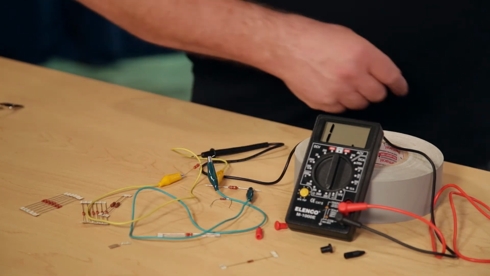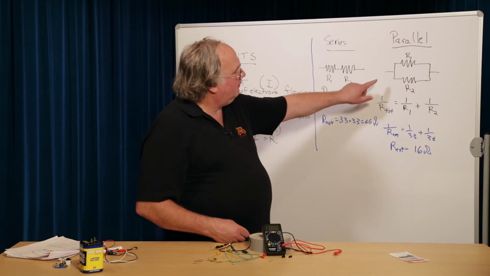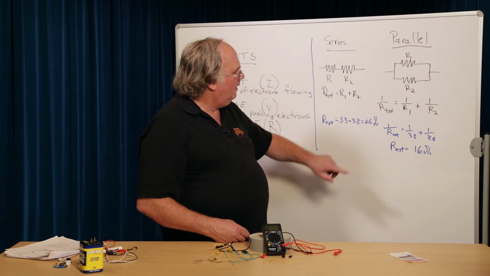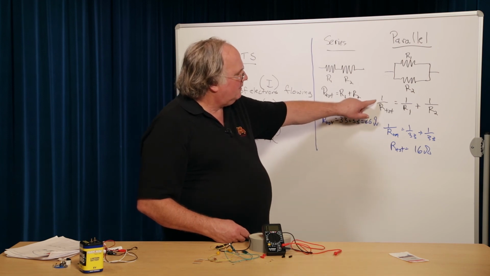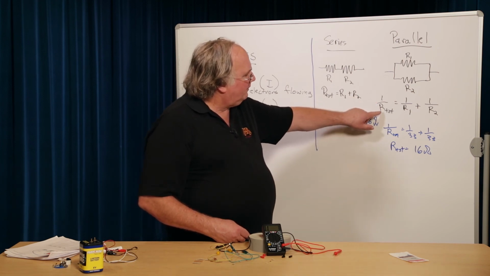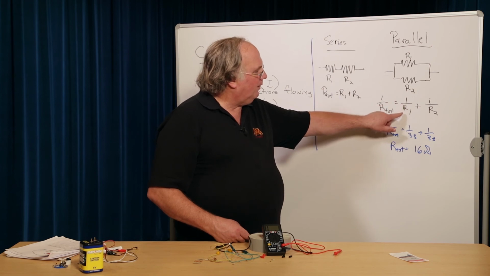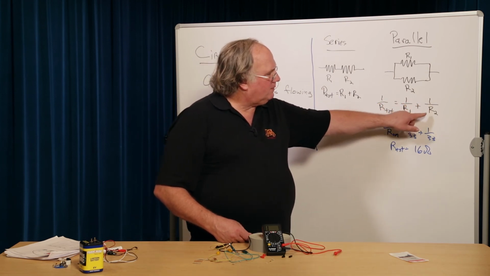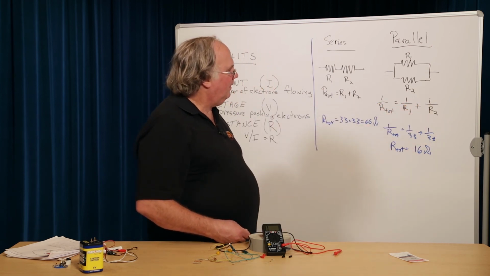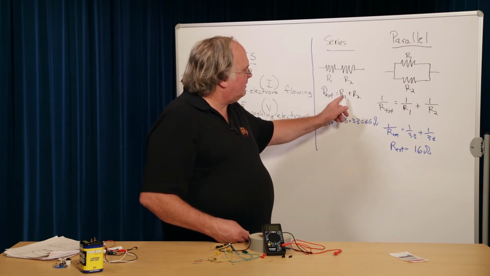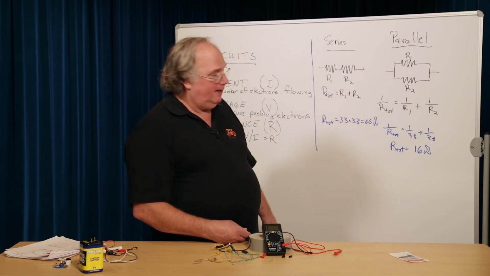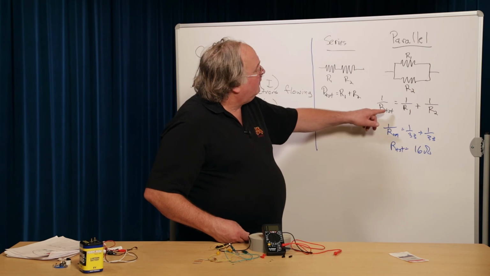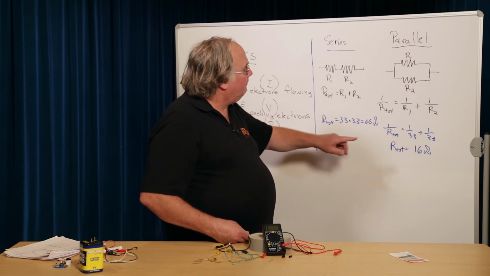What do I think I should get? Well, if we go back and look at the parallel connection, the way it works is 1 over the total equals 1 over R1 plus 1 over R2. Now you might think that's the same as that, but it's not. Algebraically, you can work out that this is quite different.